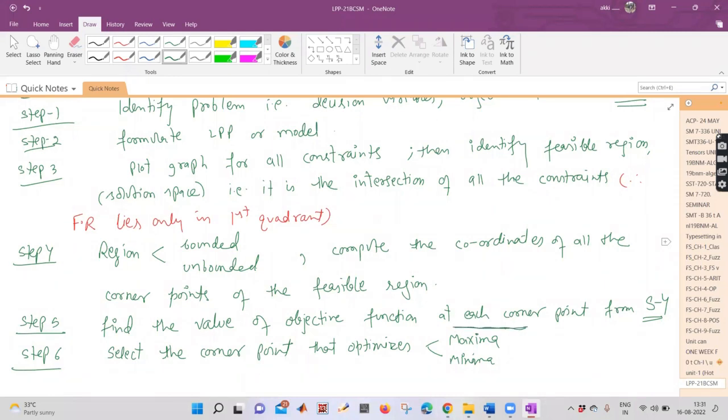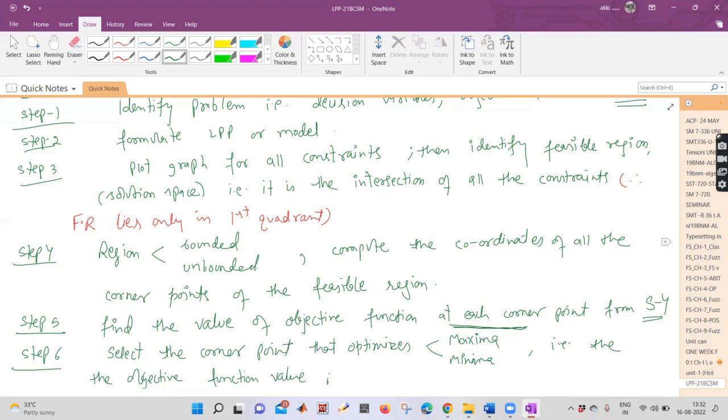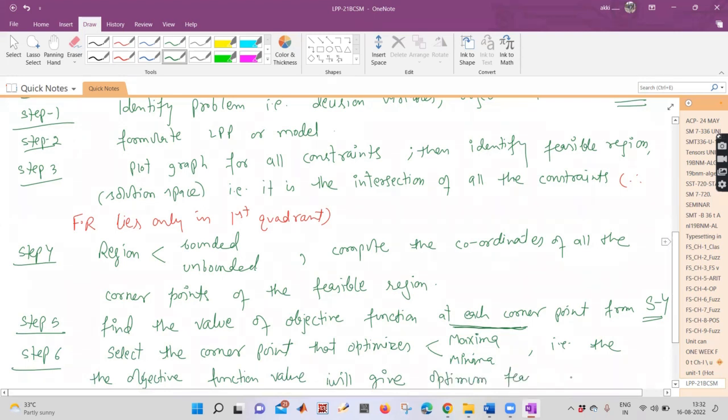If it is a minimization problem, we'll find the minimum value. That objective function value will give the optimum feasible solution.